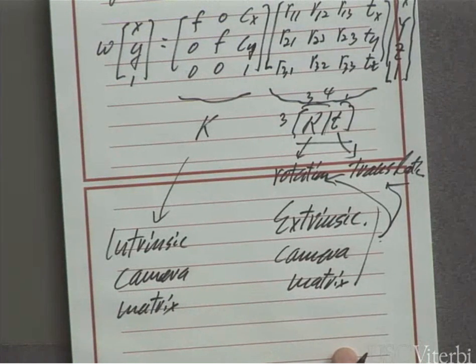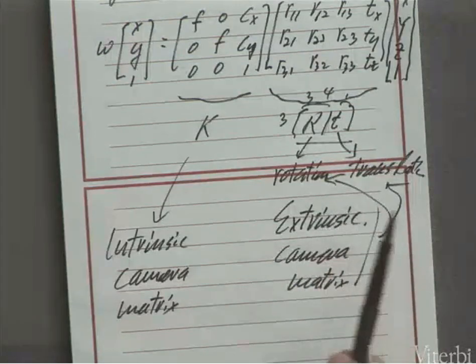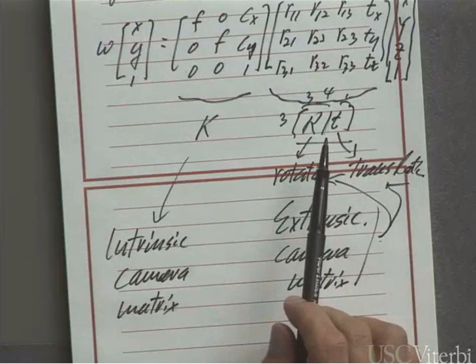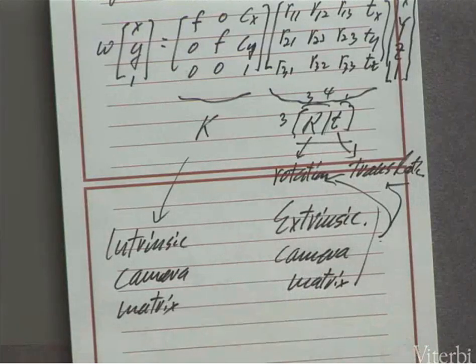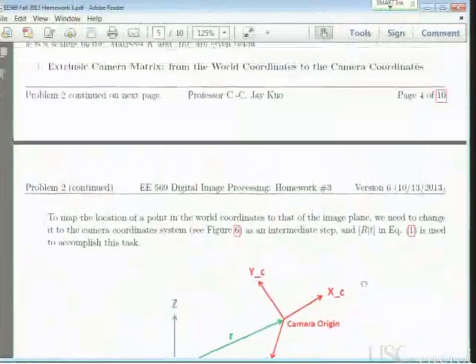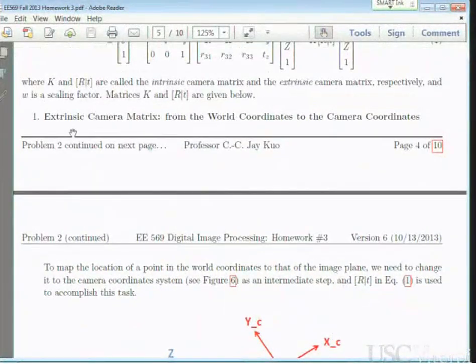So let's see how we handle this. We can think about the first stage, the extrinsic camera matrix. Can we switch back to the computer screen? Here, this is the first one: extrinsic camera matrix, from the world coordinate to the camera coordinate.